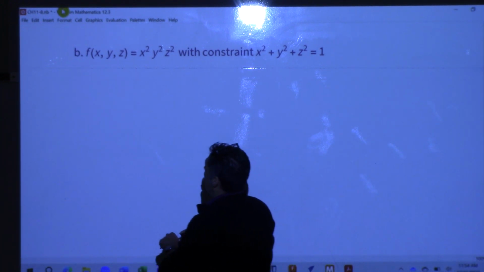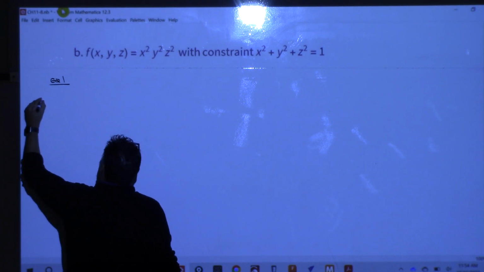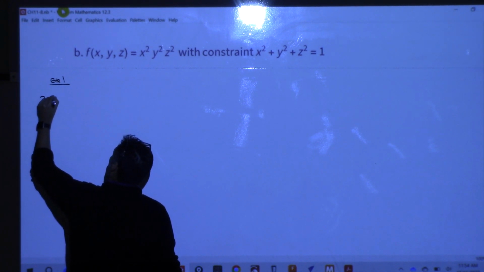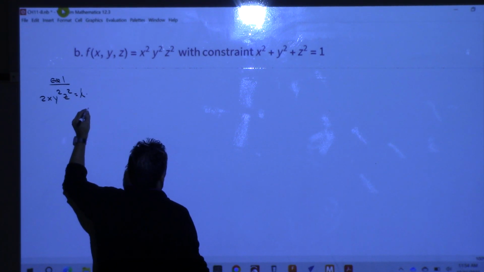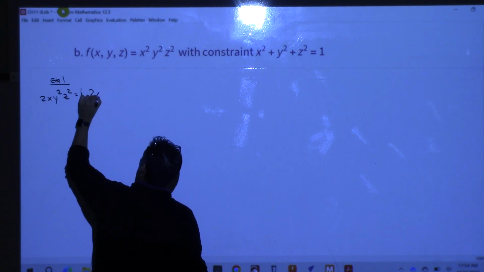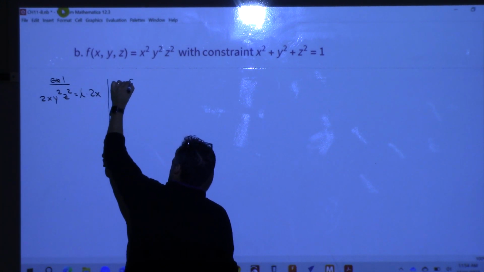Okay, partial f, equation 1. 2x y squared z squared equals lambda times 2x. Okay, equation 2. I'm trying to go a little smaller here.